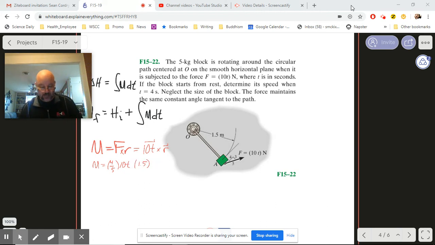Still like that. Okay, compressing all that. We got 4 times 10, that's a 40. 40 divided by 5 is an 8. 8 times 1.5 is a 12. So we got 12t is what our moment turns into.